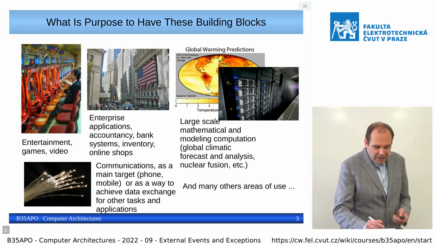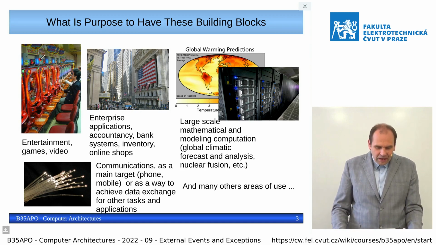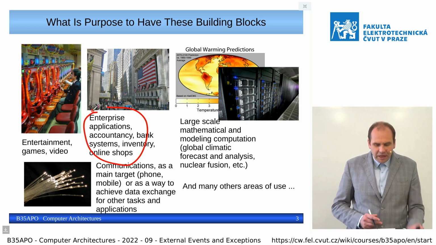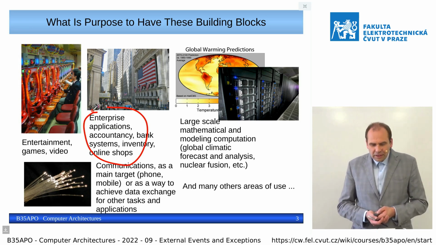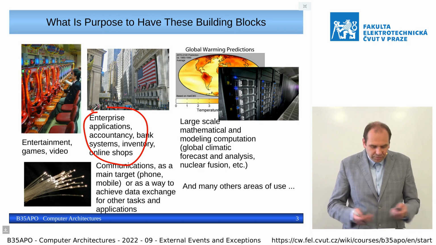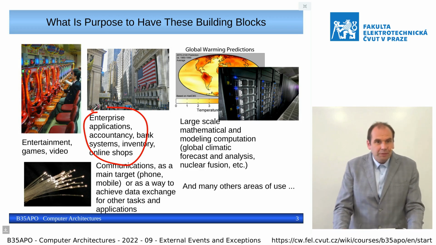So this is one area of enhancements in computers and their use. Then another is big enterprise applications like stock exchanges, for example New York Stock Exchange, London Stock Exchange, and so on.